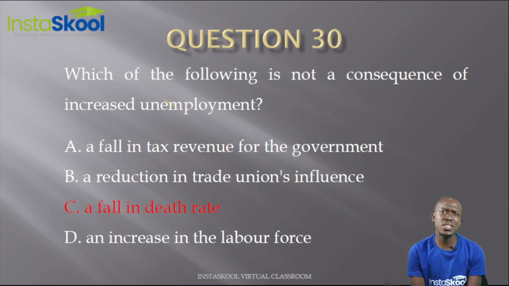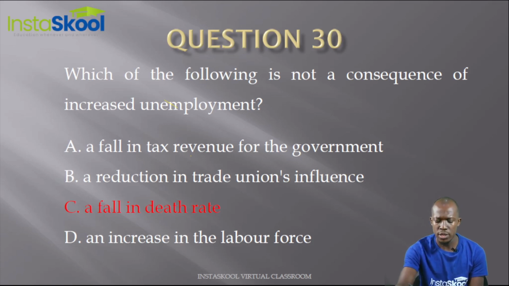Now the question is asking us, what are the disadvantages of increased unemployment? When there is no employment, what's the bad thing that can happen? Which one is not a bad thing? Take note of the not. You should always read questions carefully. It says which of the following is not a consequence? So all of these things are consequences except for one.